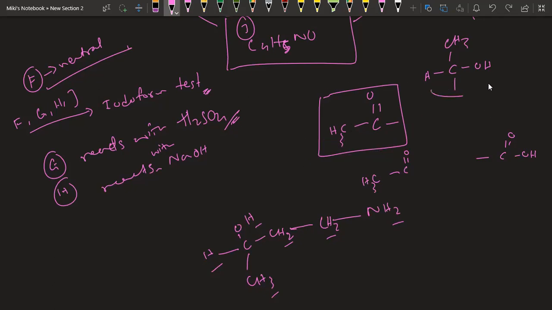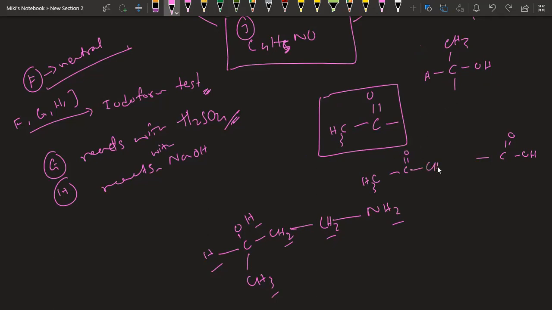If that's not the case, then we will go to the other one. In order to have the iodoform reaction, our first target should be making the molecule have this one. If it can't, then it can have the other one, because the iodoform reaction is basically only for aldehydes or ketones, but alcohols can also participate in the reaction.